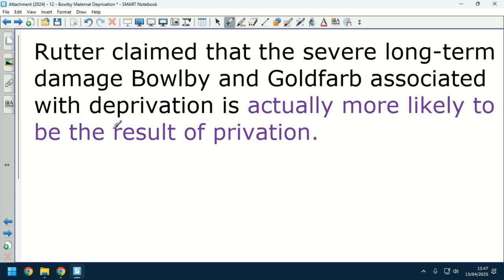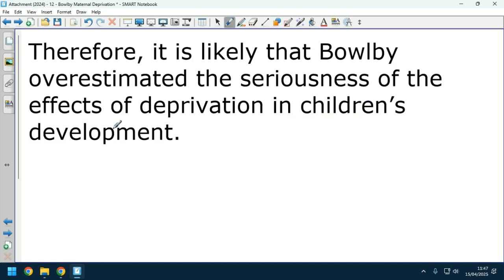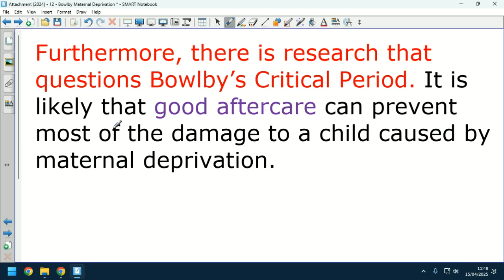And so Rutter said that the severe long-term damage that Bowlby and Goldfarb and other people are talking about is more likely because of privation. What does this mean to the theory? It means that potentially the theory has some value to it, but perhaps there's a misunderstanding of what exactly it means. So maybe he overestimated deprivation and actually perhaps should have been looking at privation. Okay.